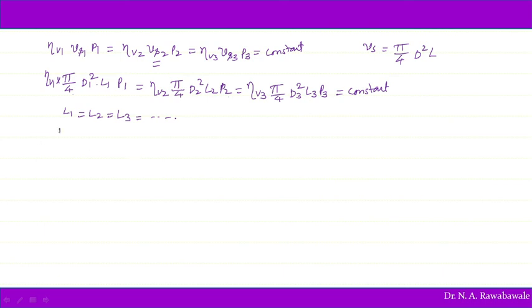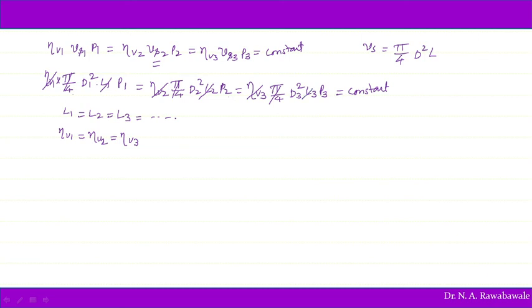And the volumetric efficiency of all cylinders is assumed to be the same. So pi by 4 gets cancelled, the volumetric efficiency, assumed same, gets cancelled, then L1 is equal to L2 is equal to L3 gets cancelled.